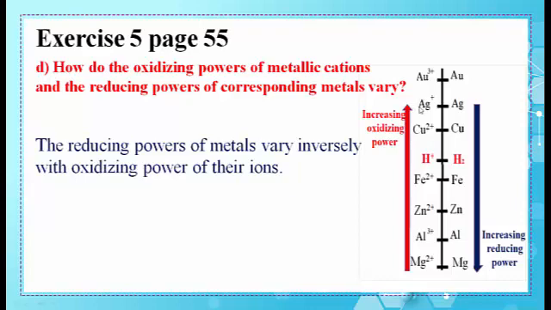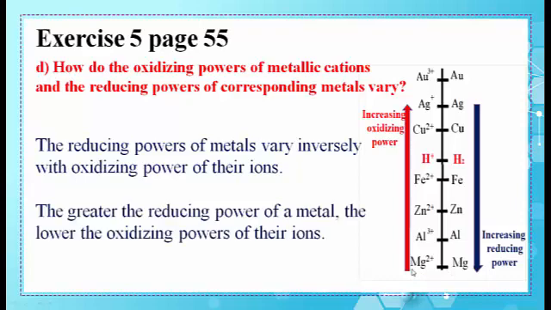It has the strongest oxidizing power, while Au has the weakest reducing power, while Mg, which has the strongest reducing power, has an ion, Mg2+, with the weakest oxidizing power. The greater the reducing power of a metal, the lower the oxidizing power of its ions.